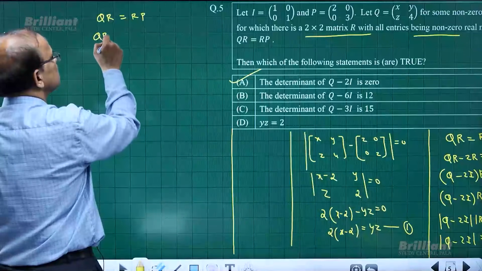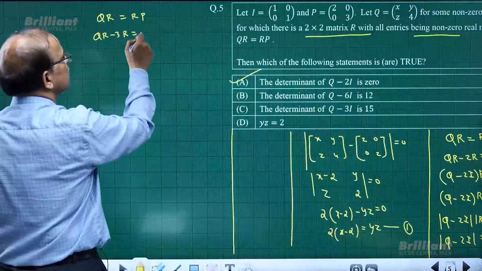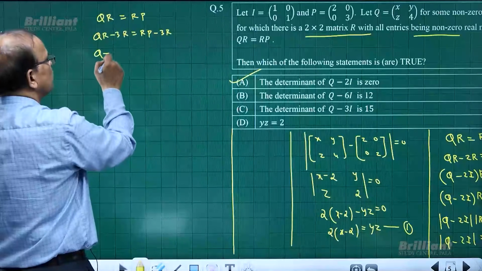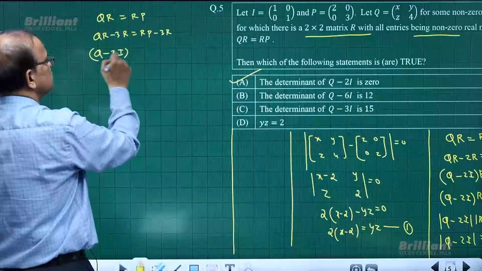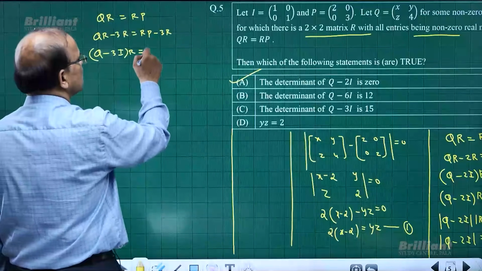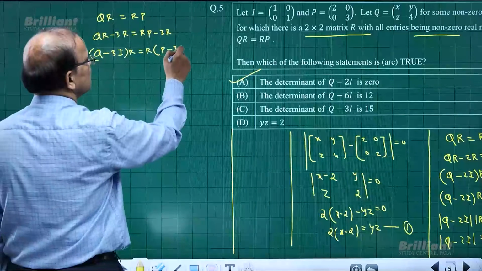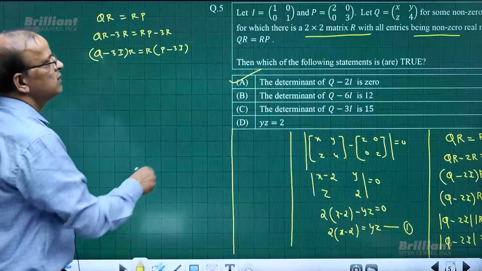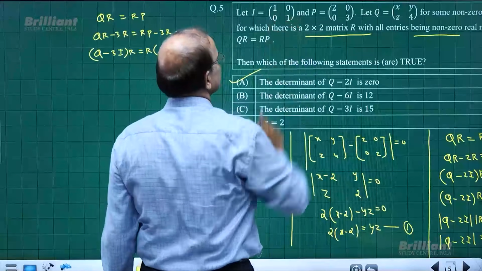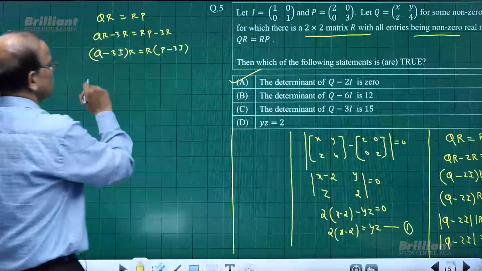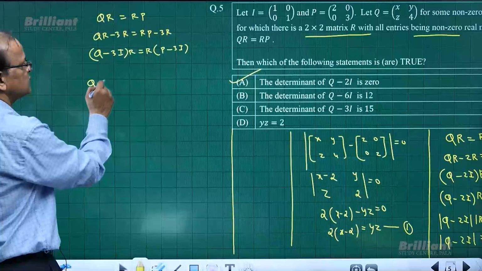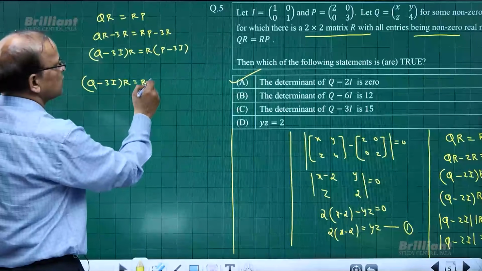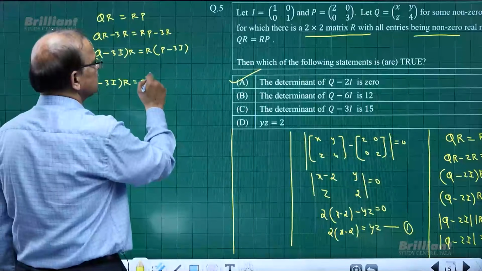Subtracting 3R, it is RP minus 3R. Taking R common, this is R times P minus 3I. Now again P minus 3I we can calculate. So Q minus 3I into R is equal to R times P minus 3I.